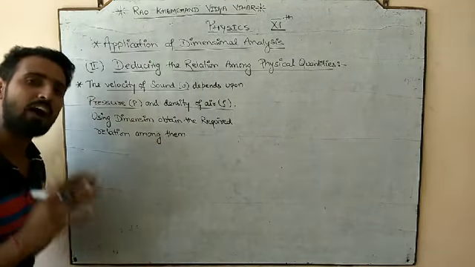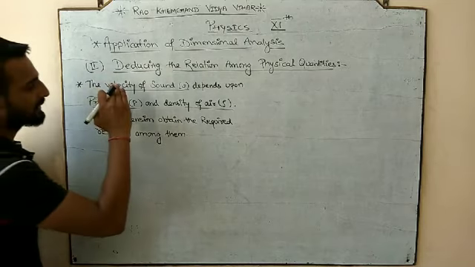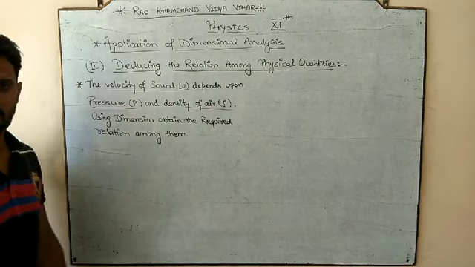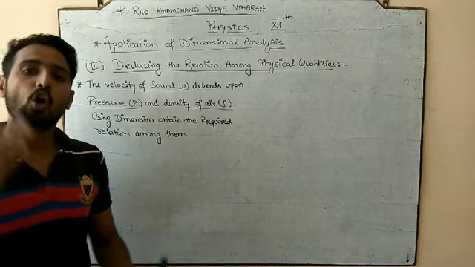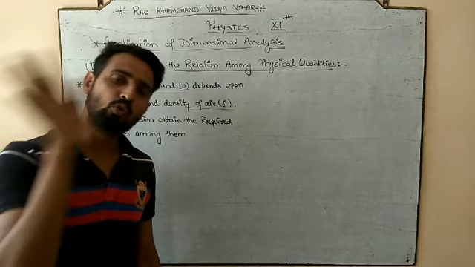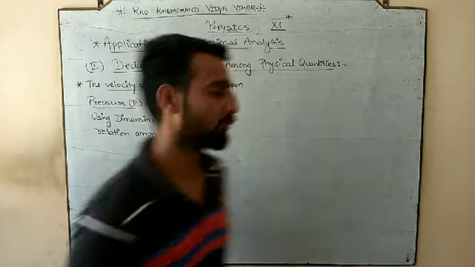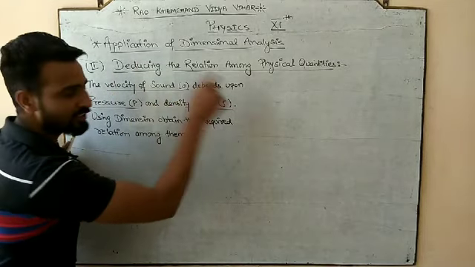But first of all, how to solve it? Check this out. The question is: velocity of sound depends upon the pressure and density. So now my question is, who is depending and on which quantity is it depending? By reading the question we get to know who is depending: velocity is depending.